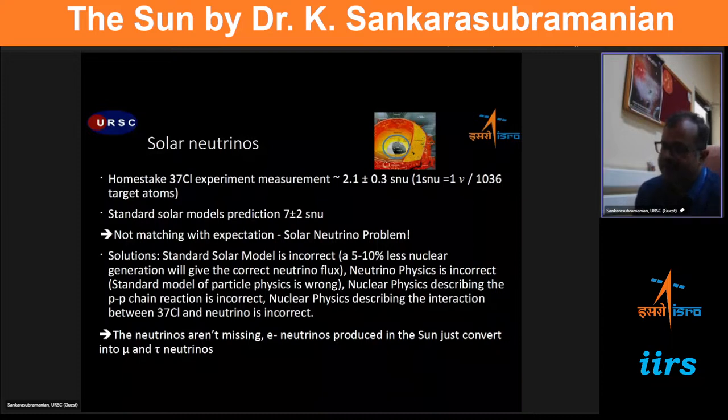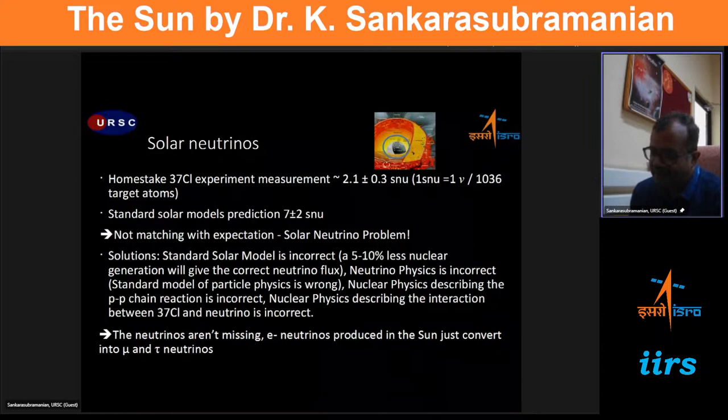There was a debate between the standard solar model being incorrect, or the neutrino physics being incorrect, or the nuclear physics describing the PP chain reaction being incorrect, or the nuclear physics describing the interactions between the chlorine and neutrino being incorrect. Many of these debates were going on in the community between atomic physicists, nuclear physicists, and solar physicists.